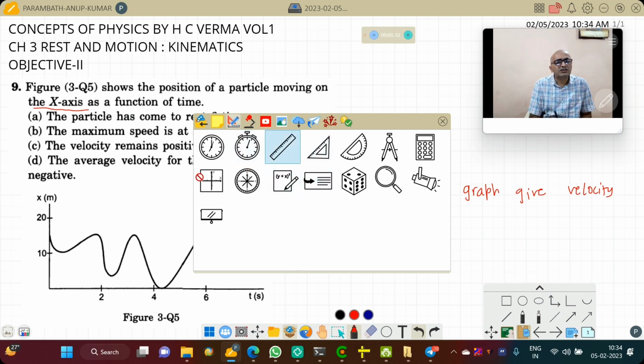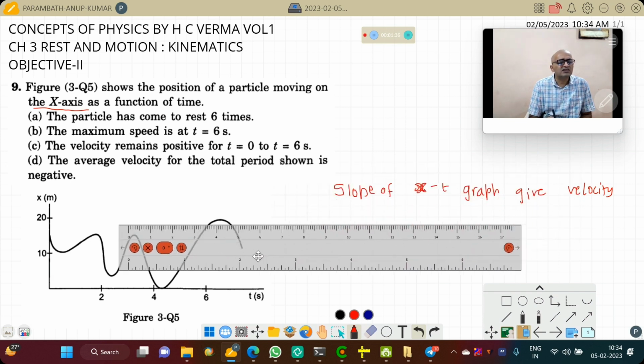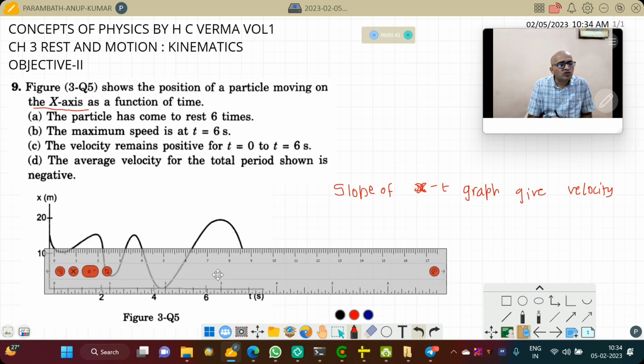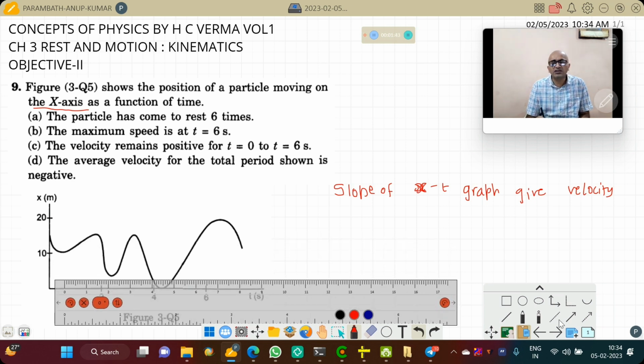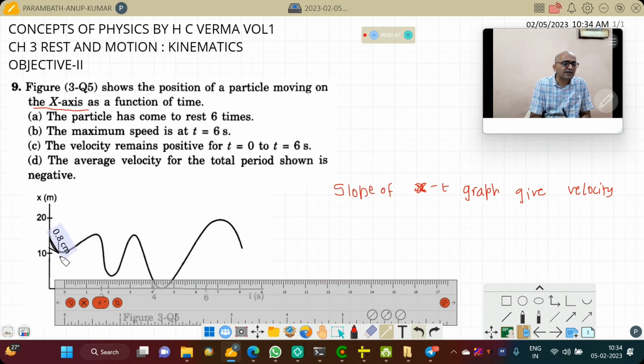If we take this ruler, we are trying to ascertain when the slope is flat. Slope flat means what? The slope is velocity. The slope is here, the slope is like this. Negative slope, positive slope, negative slope, positive slope, negative slope, positive slope. Like that the velocity is varying.